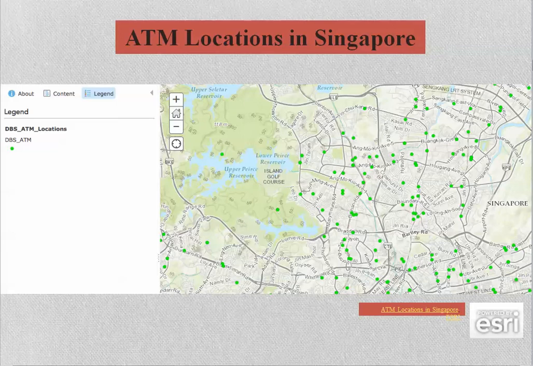But aside from knowing where things are in our community, GIS also has a great way of helping us make decisions that benefit our lives. When it comes to ATM machines, for instance, this example here is ATM locations in Singapore. Do you ever wonder how they decide to put an ATM machine on the landscape?